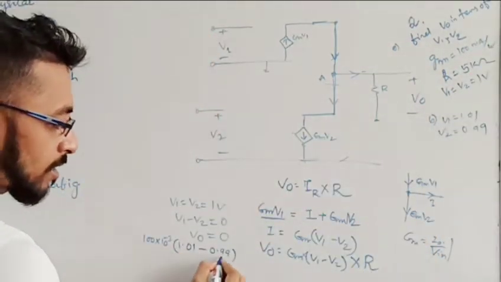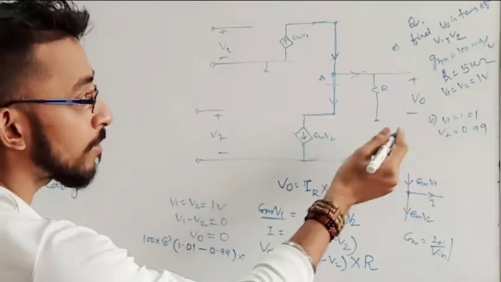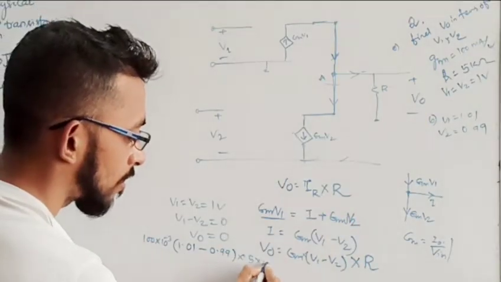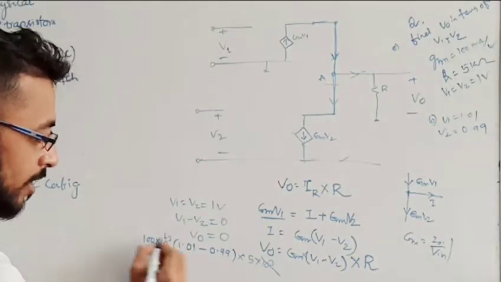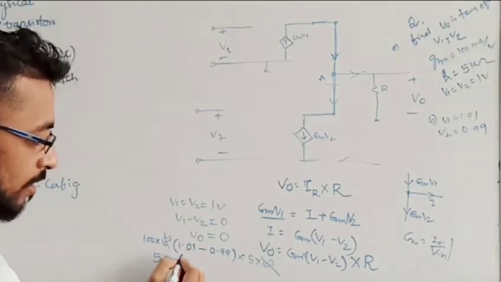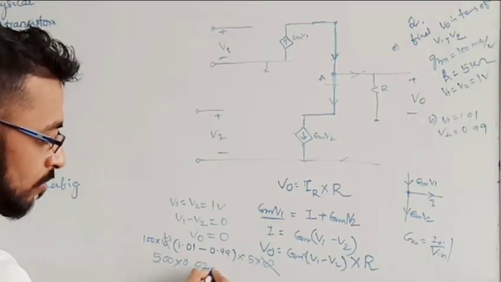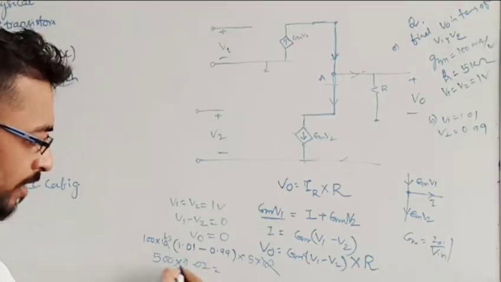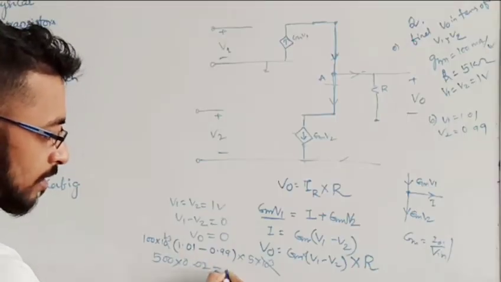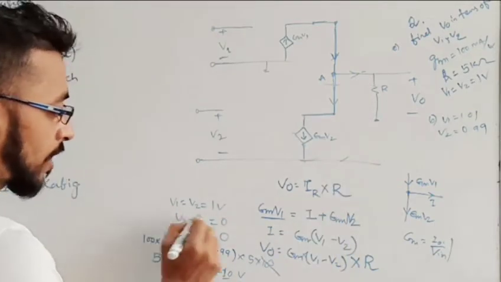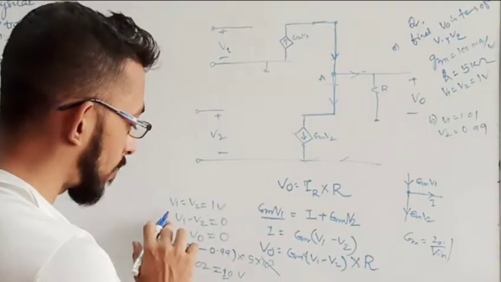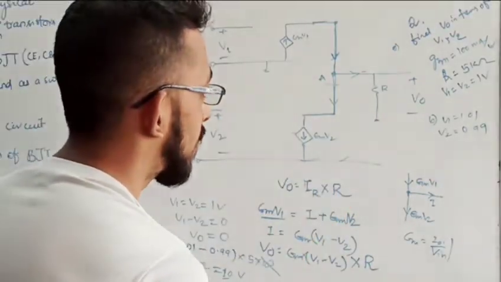So this is GM, this is V1 minus V2, multiplied by R, which is given as 5 kilo ohm, 5 into 10 power 3. The 10 power 3 and 10 power minus 3 will cancel out. 100 into 5 is 500, multiplied by 0.02. So 2 by 100, it will become 10 volt. So this is the output voltage if my V1 and V2 are 1.01 and 0.99.